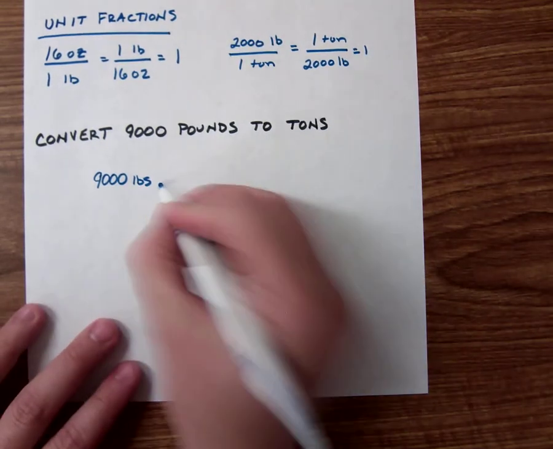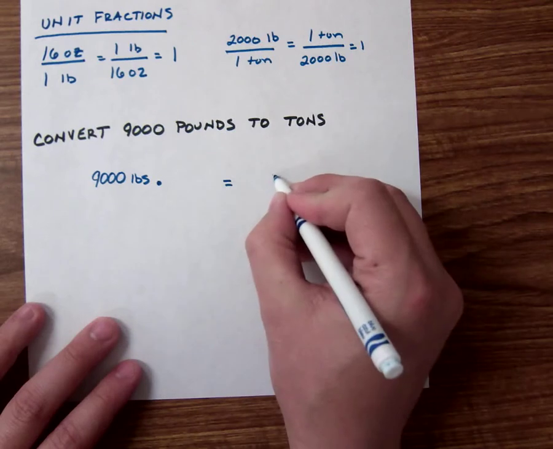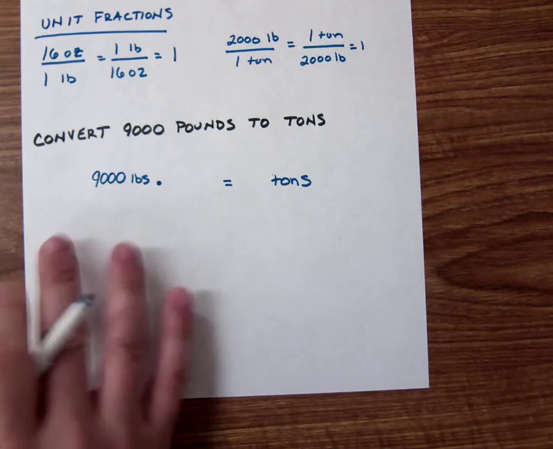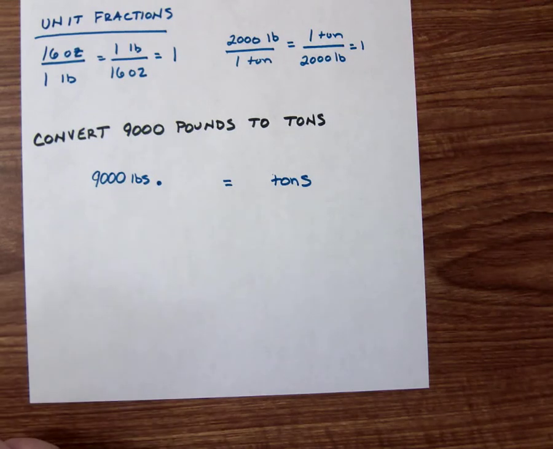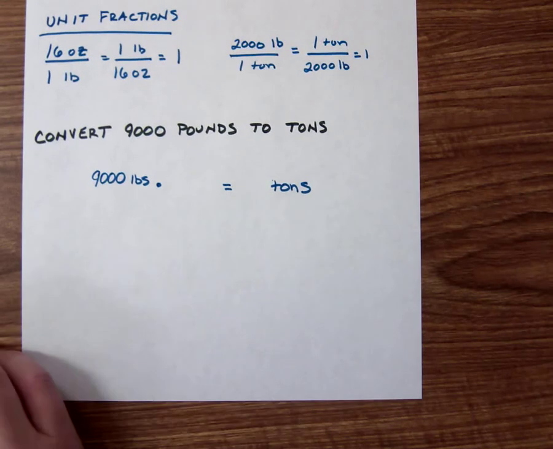We're going to multiply that by something, and in the end, we should have some tons. As far as I know, there is no abbreviation for tons, but it's a pretty short word, so I think we'll be okay.